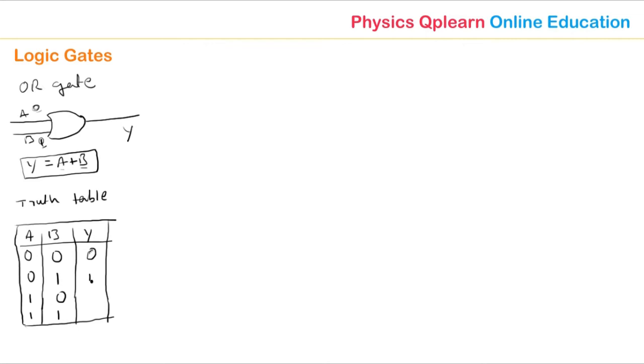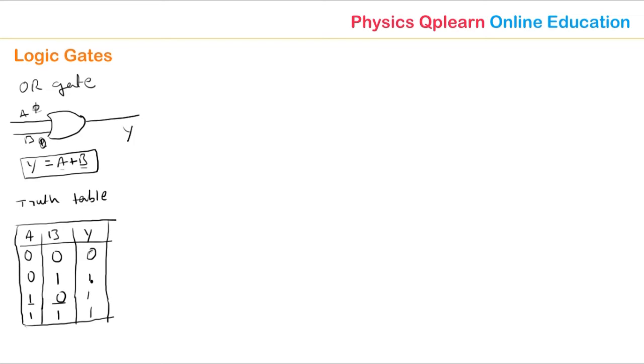Clear? Next trial, A is 1, B is 0. At that time 1 plus 0 is again 1, the output is 1. And the next one: when both inputs are high, A is 1 and B is also 1, the output is also 1. So 1 plus 1 is 2, which is 10 in binary, so again 1 will be there.